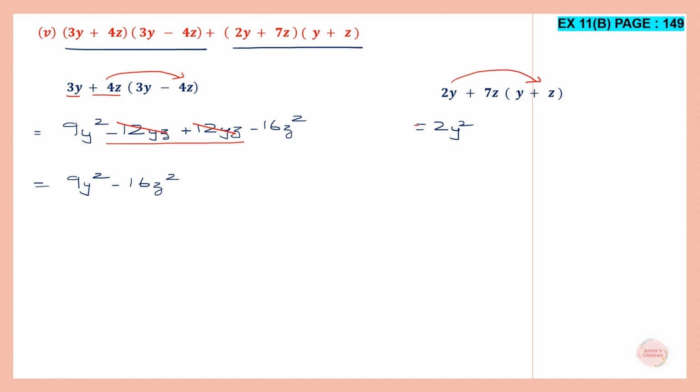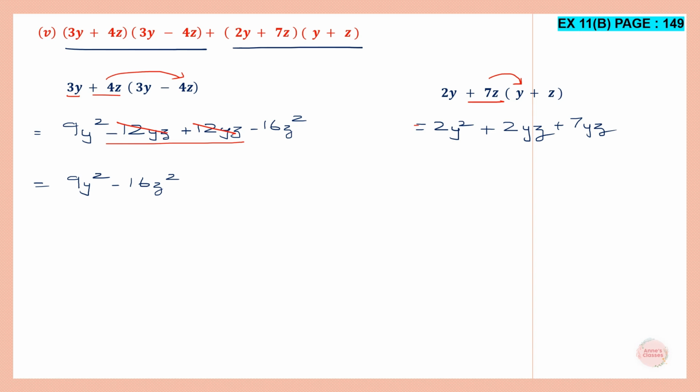The sign is plus, the number is 2, y into z is yz. Next we multiply plus 7z into y. So the sign is plus, the number is 7, z into y is zy or yz.